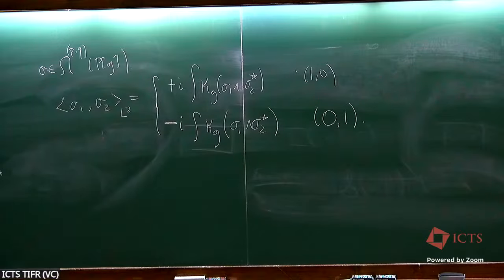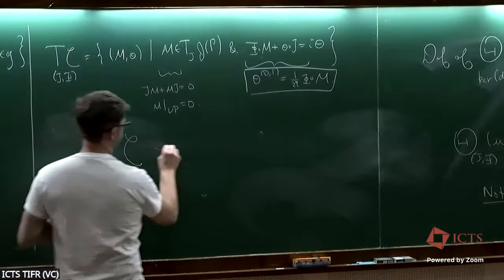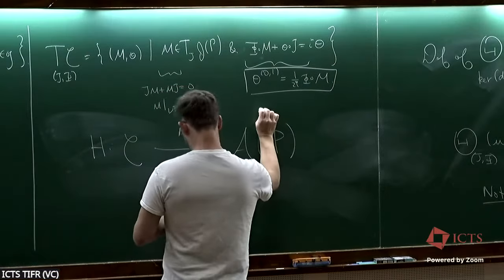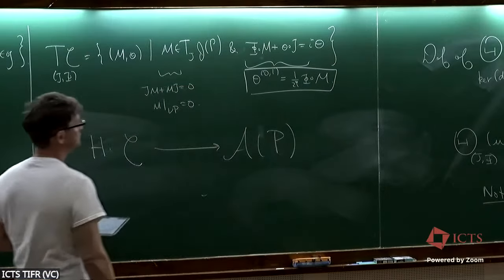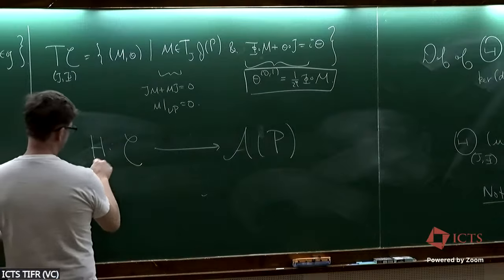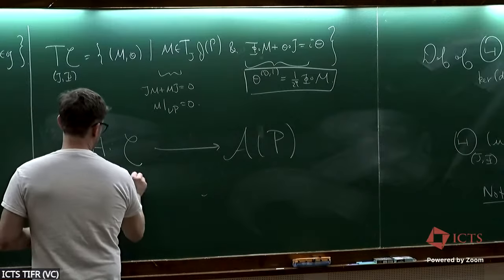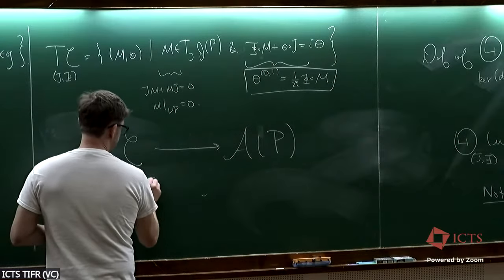Okay, so now let me define the map H. Okay, so now let's talk about this map H from the configuration space to the space of G connections. Okay, so this is this non-abelian Hodge map. Okay, so I take my J and my phi.